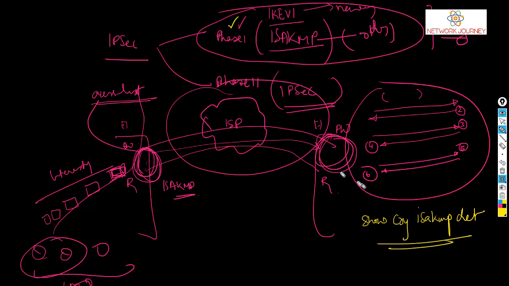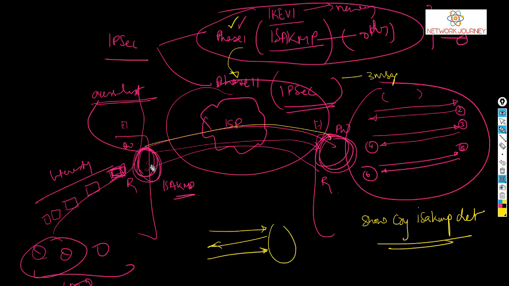Okay, so let's say phase 1 is up, instantly, automatically. Now it will go towards phase 2 for negotiation, and phase 2 consists of 3 messages. So it doesn't need 6 messages, it needs only 3 messages. So 3 messages will be sent, and that's all, and your VPN tunnel will be built.